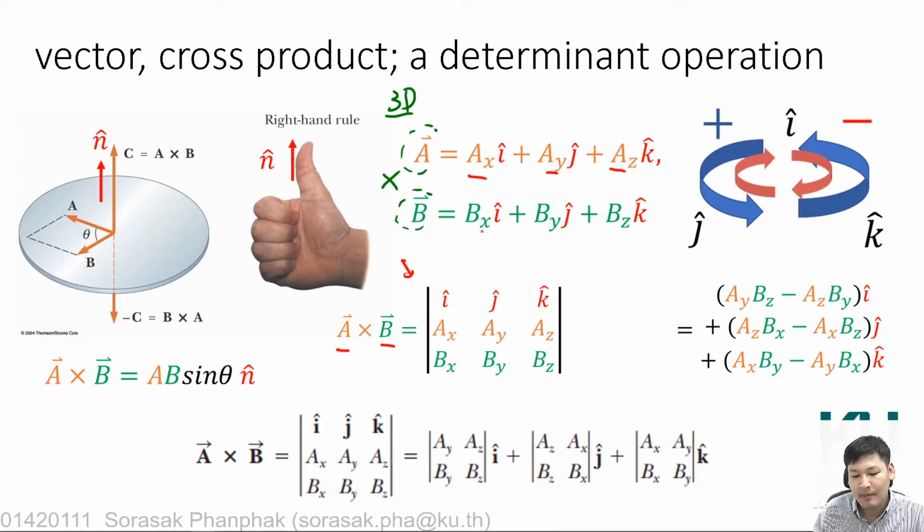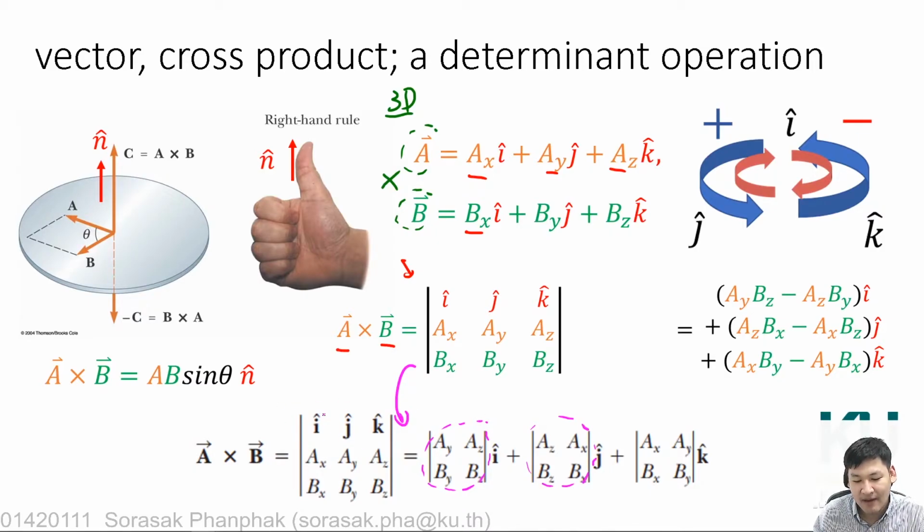For B, you insert BX, BY, and BZ here as well. Then you can cross it using the minors or cofactors. This is how you generate it.